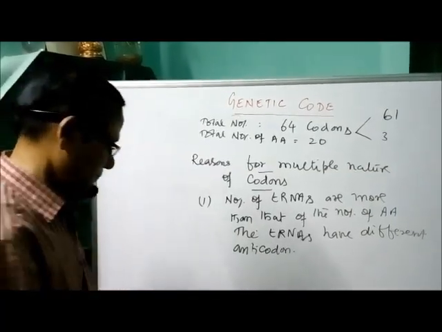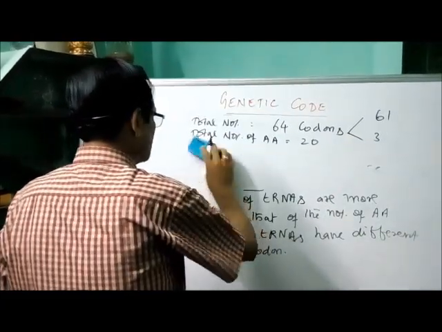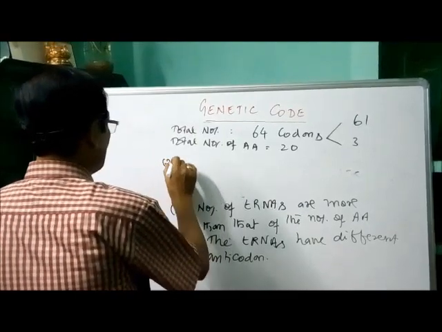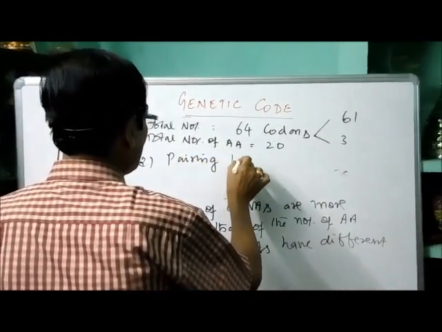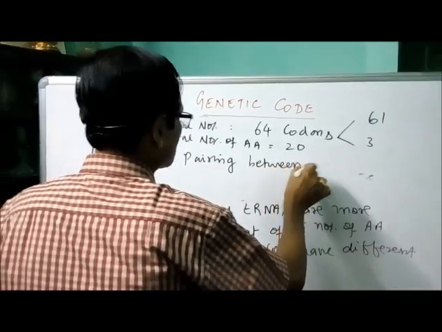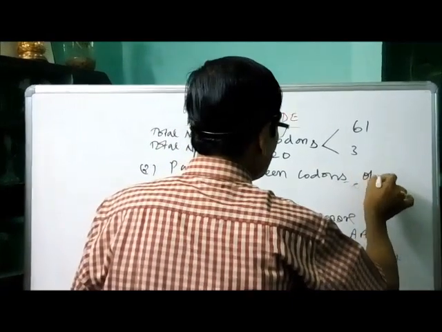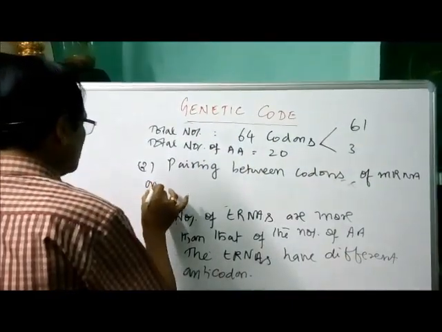The second one is the pairing between codons of mRNA and anticodons of tRNA.